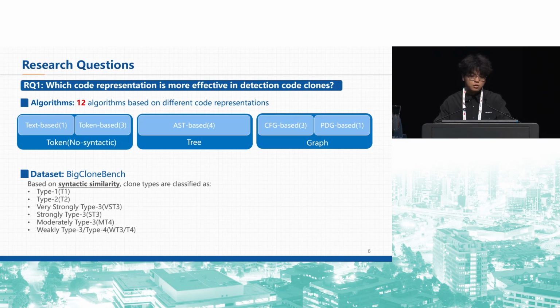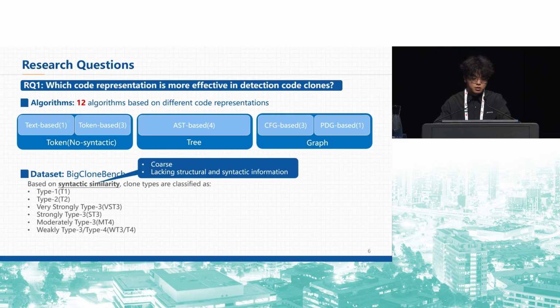In BigCloneBench, clones between type 3 and type 4 are further classified according to syntactic similarity. That is very strongly type 3, moderately type 3, and weakly type 3 or type 4. But such classification is still too coarse, and the basis of classification does not contain structural information or syntactic information.